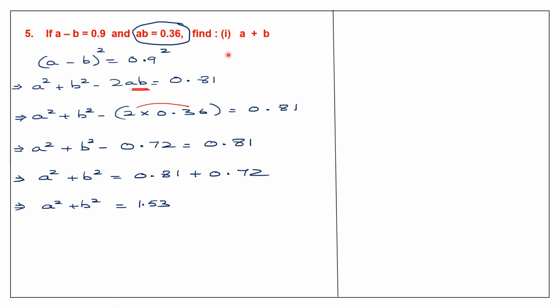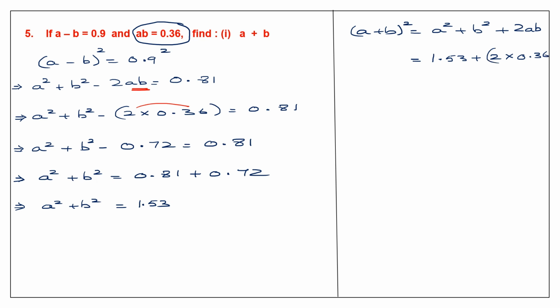Now let's find the value of a plus b. So that is a plus b. Now let's square up. a plus b the whole square will be a square plus b square plus 2ab. Now a square plus b square, we know the value is 1.53, so here we can substitute and write 1.53. So that is 1.53 plus 2ab, that is 2 into ab, which is 0.36.